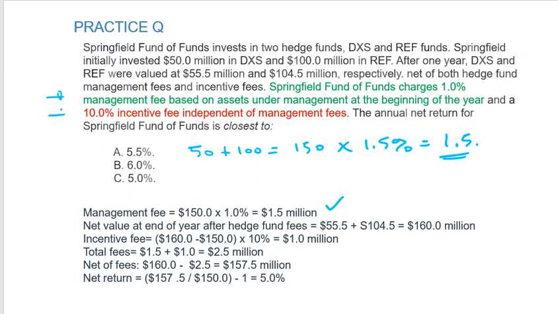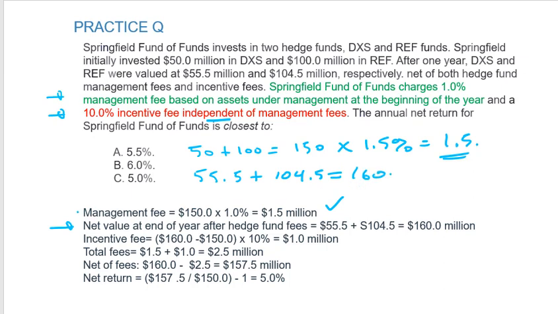Then it says a 10% incentive fee independent from the management fee. So what does that mean? We need that information to do the next calculation. So we need to know the net value of the fund after hedge fund fees, which they're giving to us. It's the 55.5 million plus 104.5 million, which gives us 160 million.